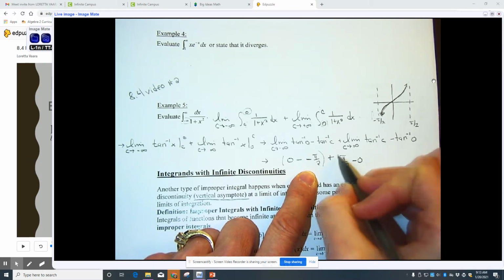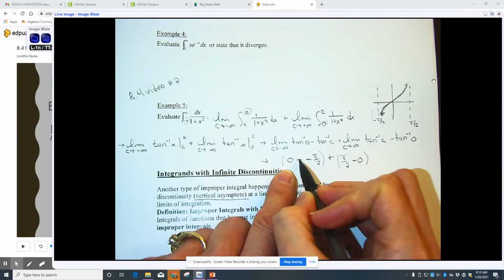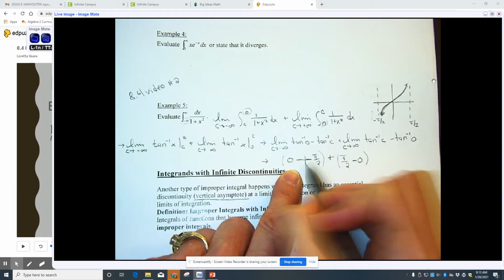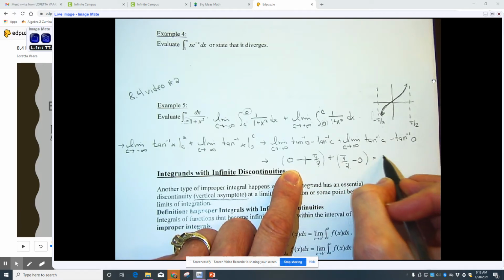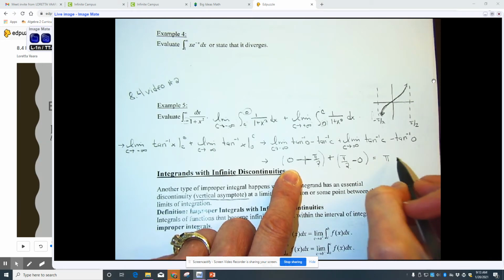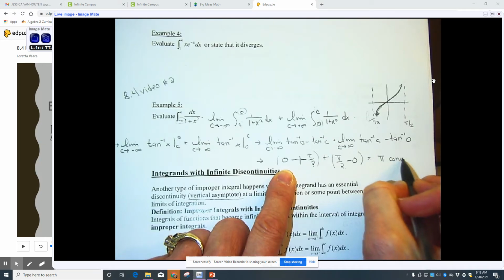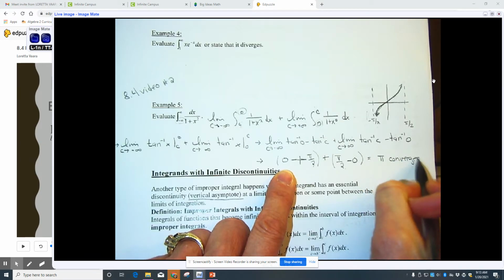Then I can simplify this. Minusing a negative becomes a plus, so I end up with pi over 2 plus pi over 2, which is just pi. Because my limit is a number, this converges.